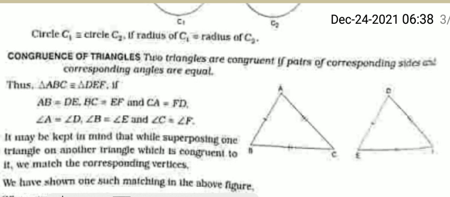You can see here, triangle ABC is congruent to triangle DEF if AB is equal to DE, BC is equal to EF and CA is equal to FD. Also, angle A is equal to angle D, angle B is equal to angle E and angle C is equal to angle F. Okay, so this is the condition. Clear, students?